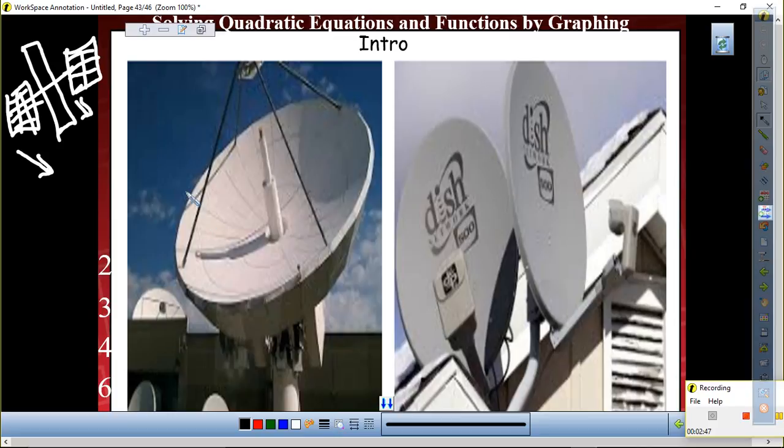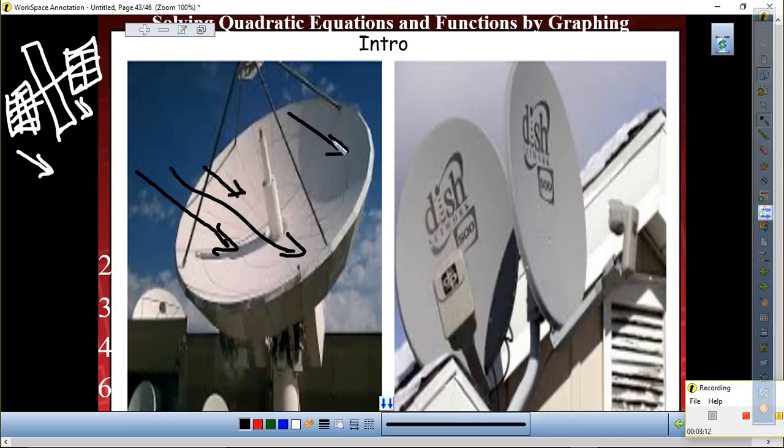Back in the 70s, they used to call these parabolic antennas. And they get that from the graph that it creates, a quadratic function called a parabola. Now check this out. Why does this work? Let me show you. When signal comes in from outer space, it hits the dish anywhere.